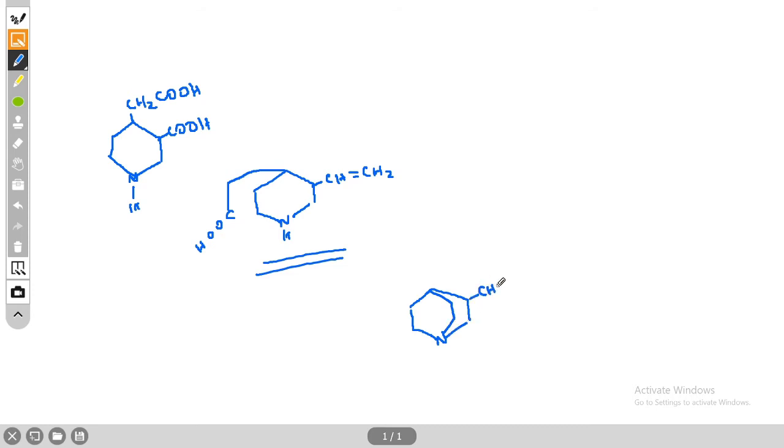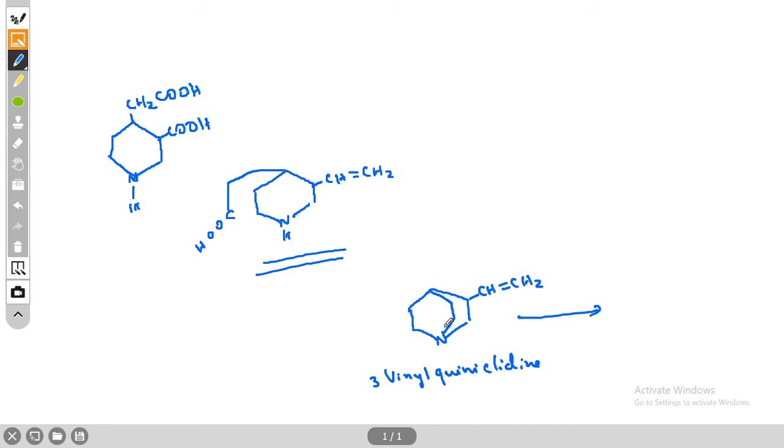Here CH double bond CH2. The name of this compound is 3-vinylquinine. So this group will actually be the branched chain of this quinine.